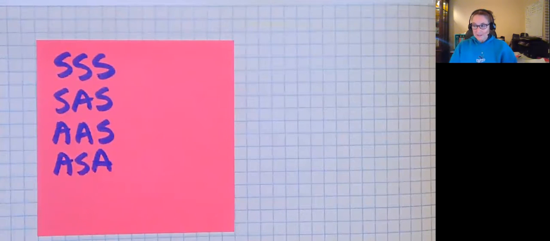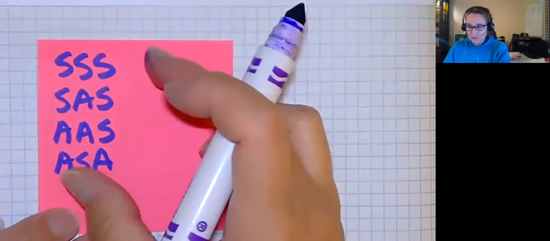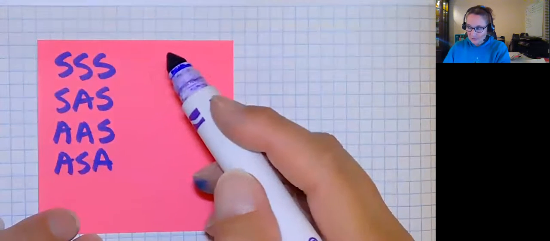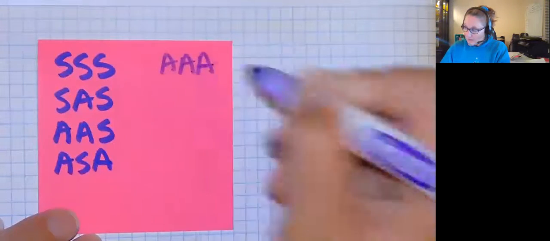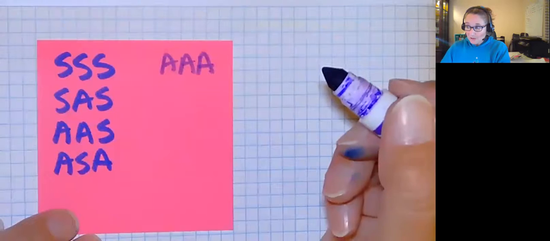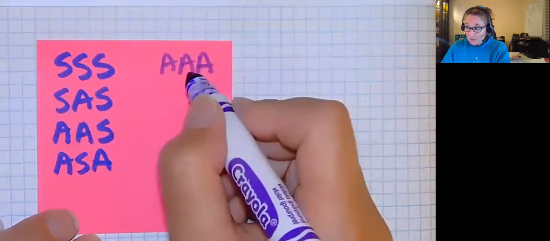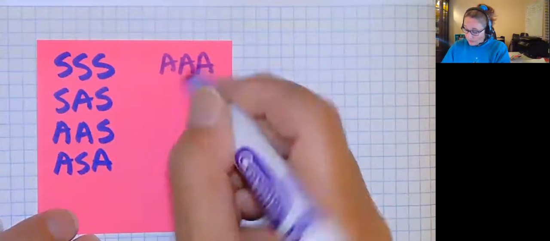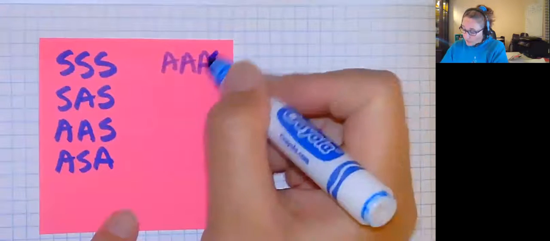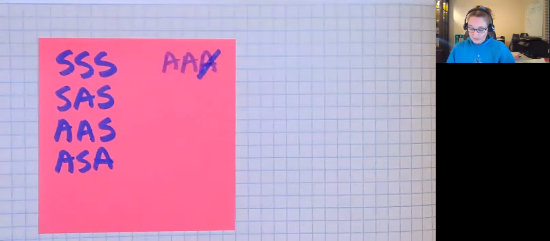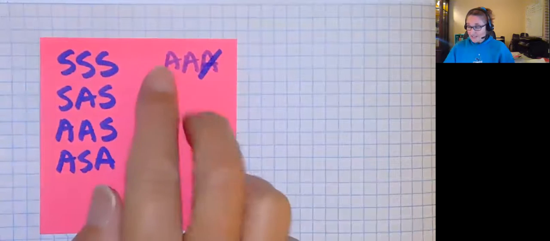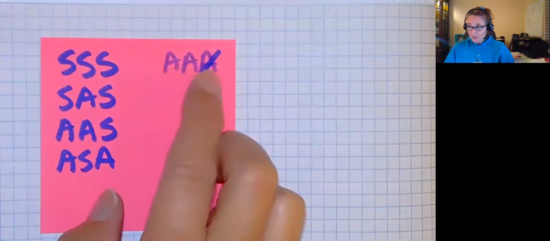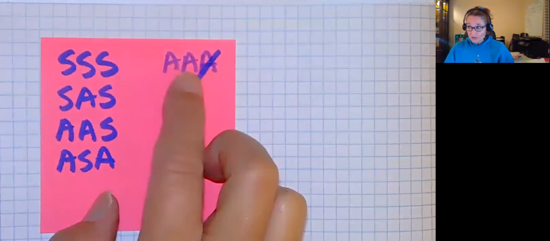The one that we said is not true for these is, we said before that if you have angle, angle, angle, those would be similar. Now, in actuality, we only need two of those angles because if two of the angles are the same, we know the third one has to be the same because of the triangle angle sum theorem. So instead of needing all three angles for similarity, two angles is enough.